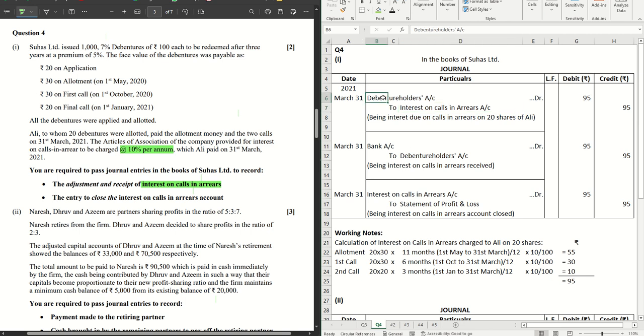That is why debenture holders account is debited to interest on calls in arrears. This is the interest made due on 20 debentures. Then in the next journal, the company is receiving the interest money on 31st March. So bank account debit to debenture holders, they are paying this money. So debenture holders account is credited here.